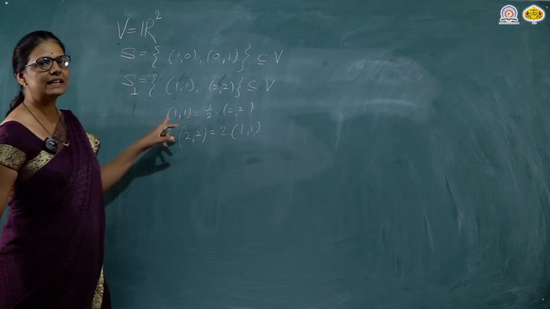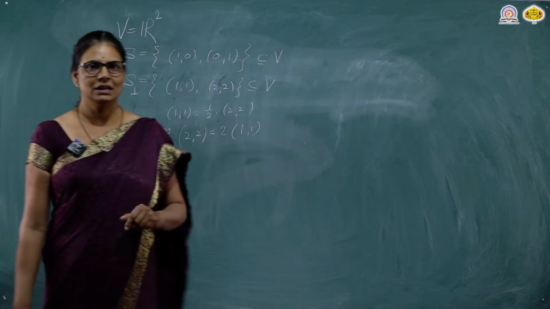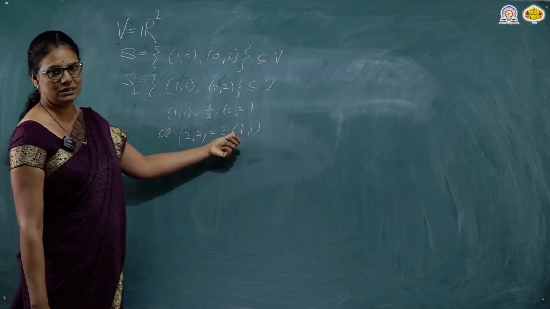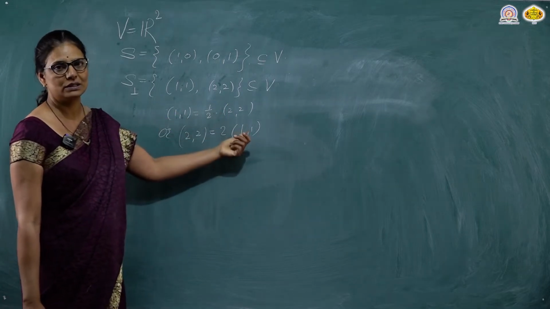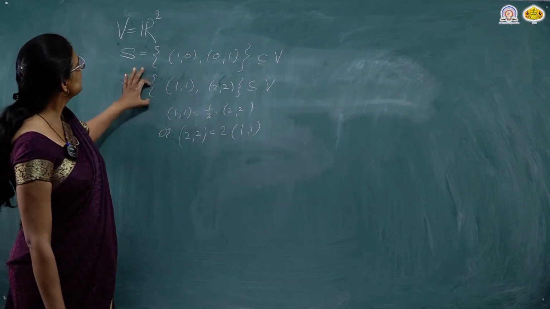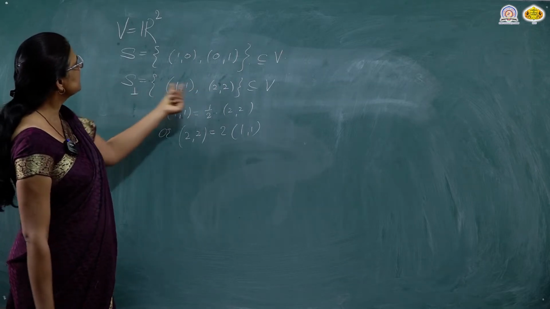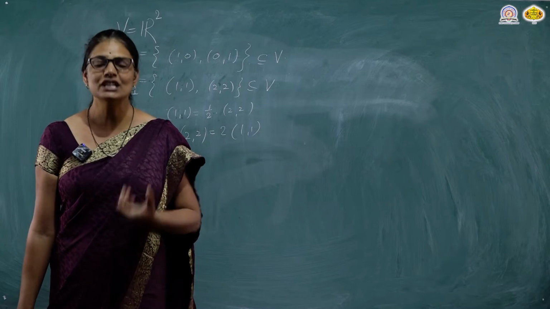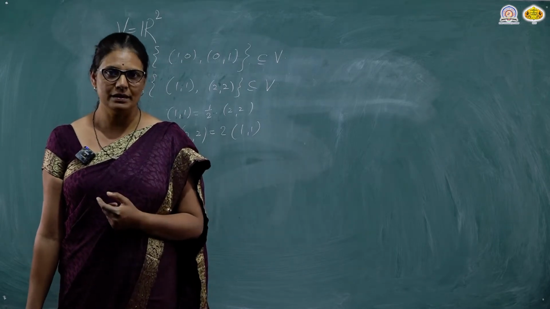Since there are only two vectors, one is a scalar multiple of the other, that is, one is a linear combination of the other, and so the set S1 is linearly dependent because it is not linearly independent.